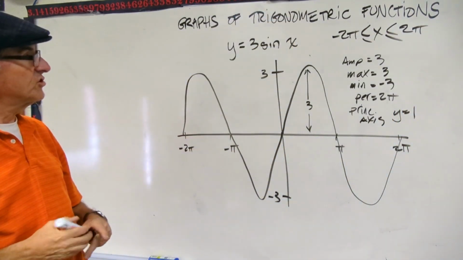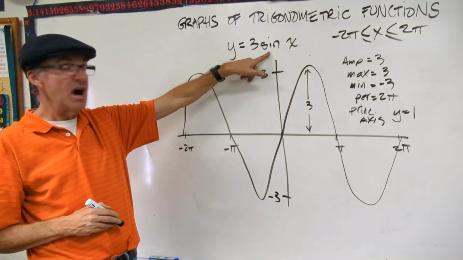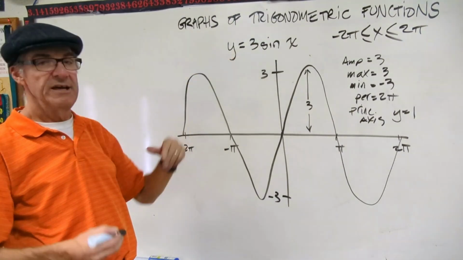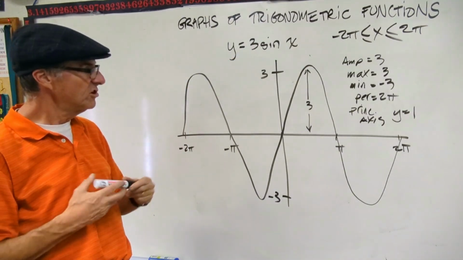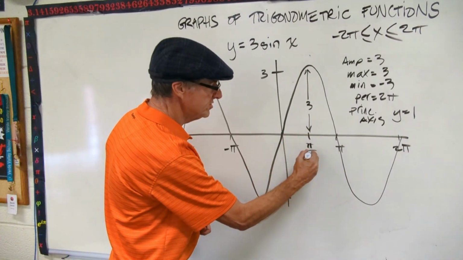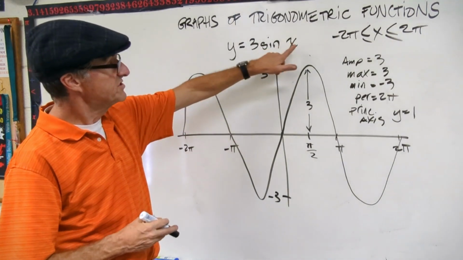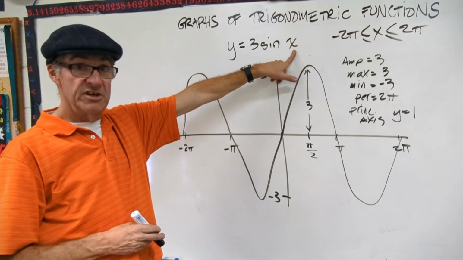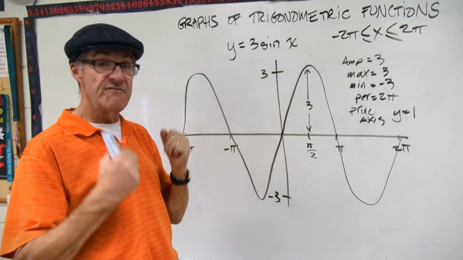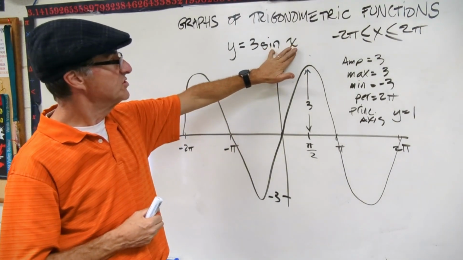So this shows you that the number on the outside, multiplied directly on the function, is the amplitude. And that makes sense. This right here is pi over 2, or 90 degrees. So sine of 90, or sine of pi over 2, gives you 1.